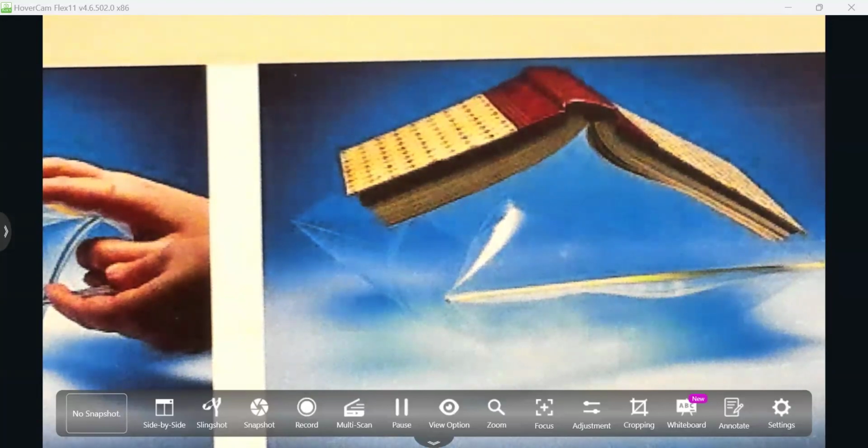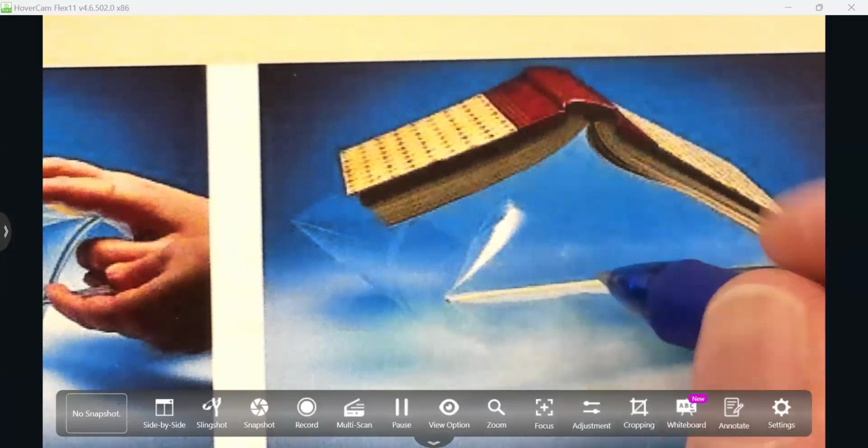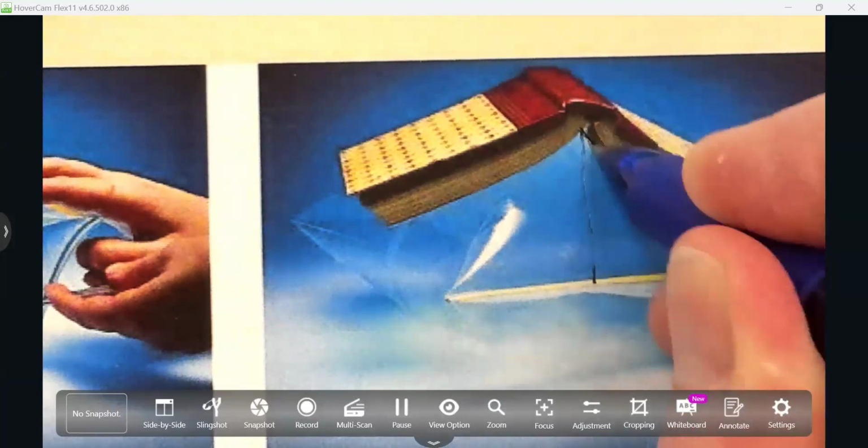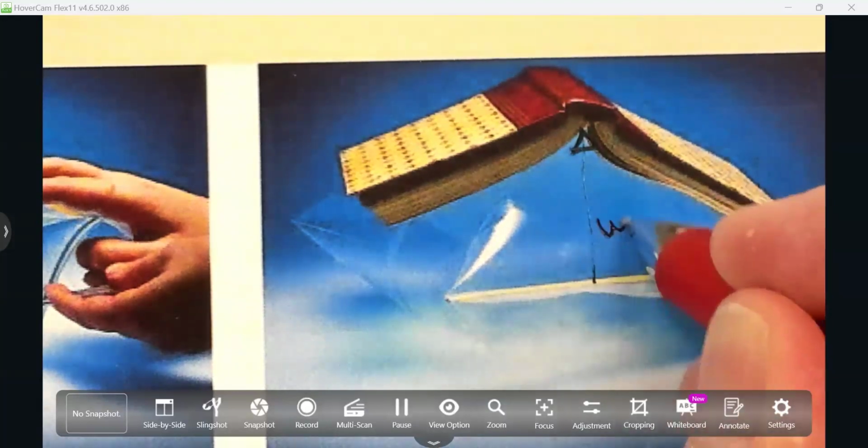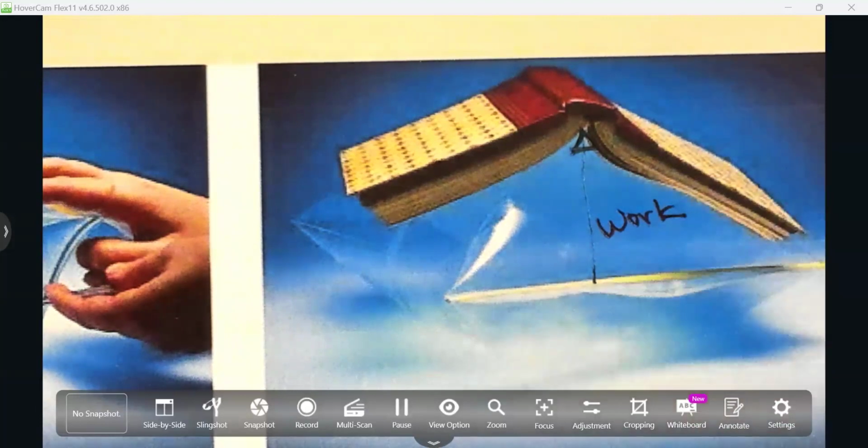Then we also say that if we can raise something up like this, we've done some work. What's the classic definition of work? Force times distance. Won't talk physics in here.